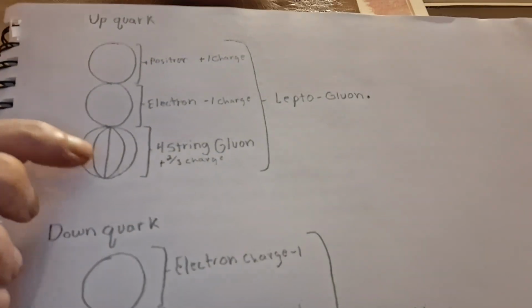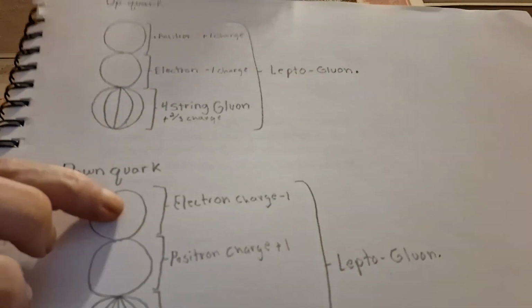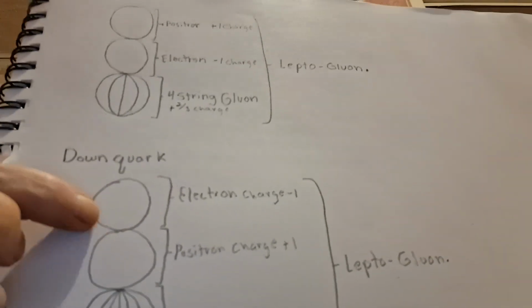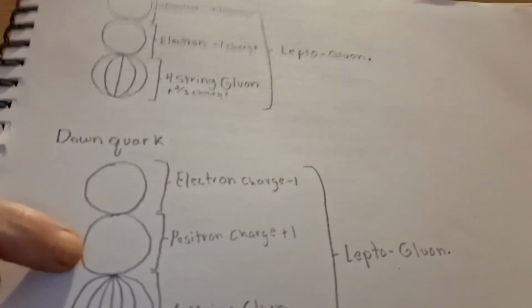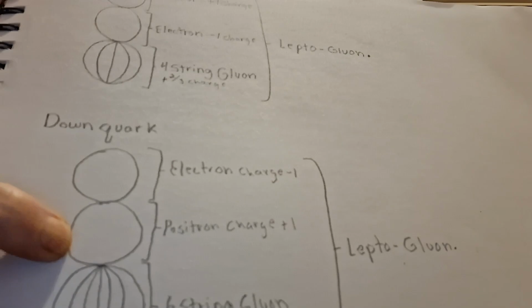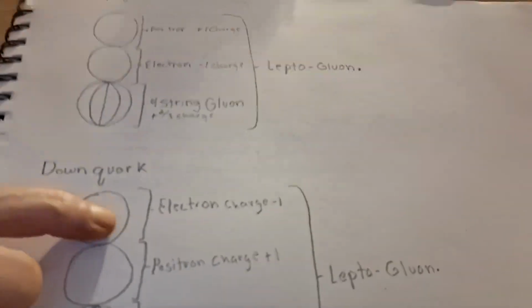It is the gluon that beta decays. It loses its electron and its positron, and two string energies are deposited on the outside to put two new leptons on there to become an up quark.